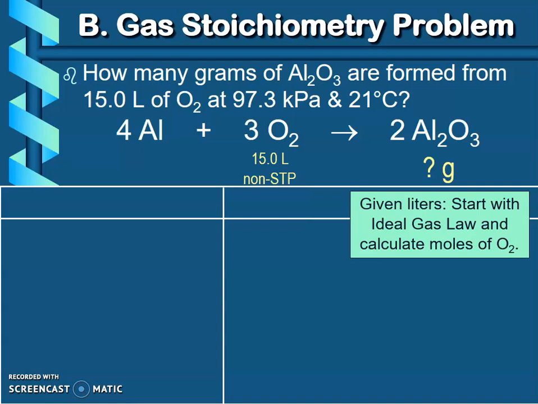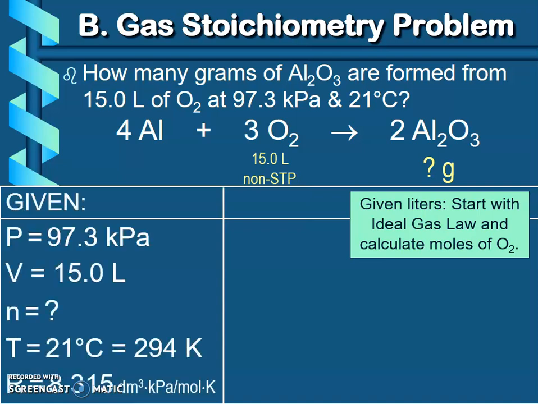So since I am given liters, I'm going to start with the ideal gas law first to calculate my moles, then I will use my moles to do stoichiometry to calculate grams. Okay, so I'm given liters, so going to start right off with that ideal gas law.